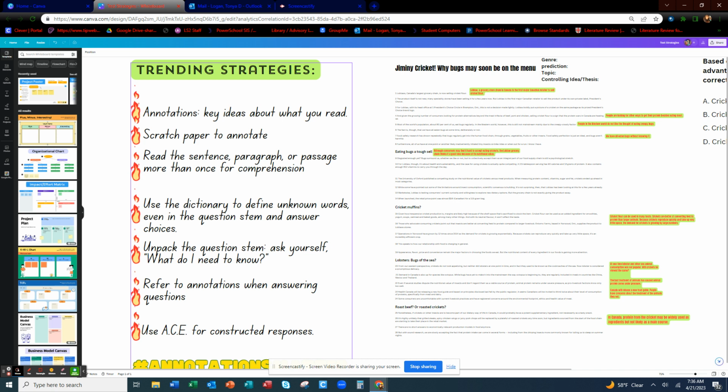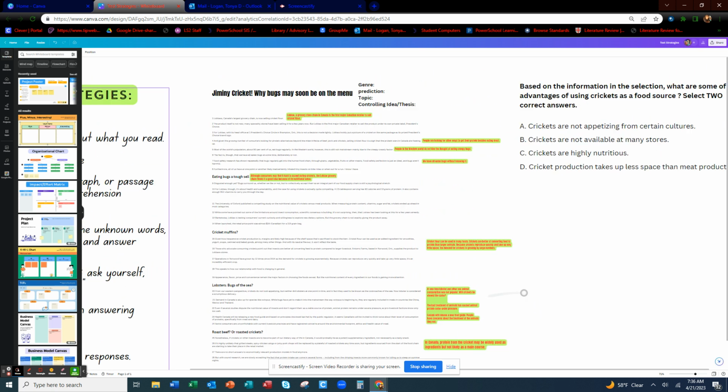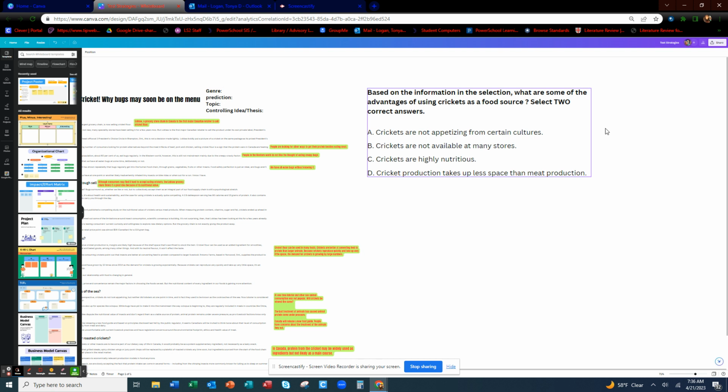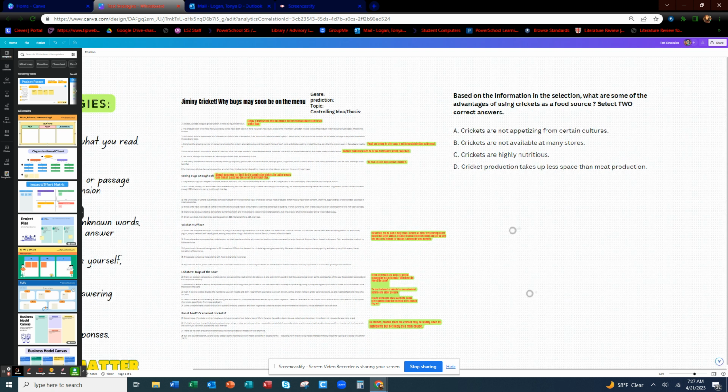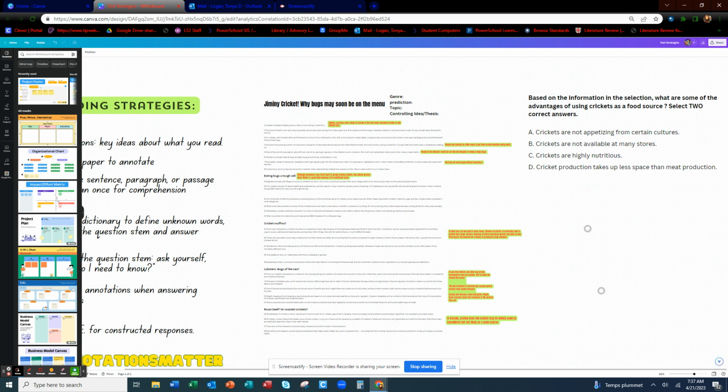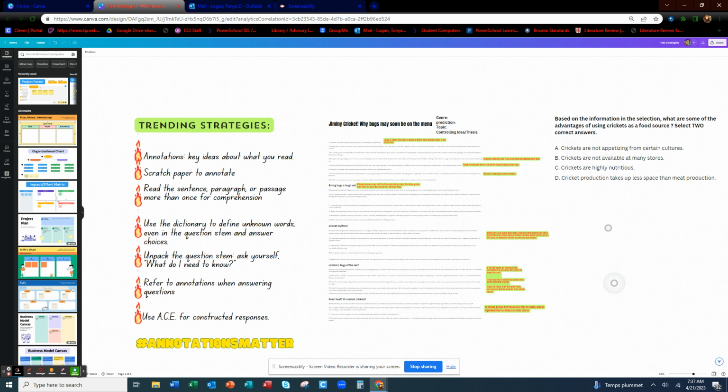Also, in your question choices, like here, for example, should there be an unknown word, look that word up so that you can better comprehend what the sentence is. You can better comprehend what it is you are reading.